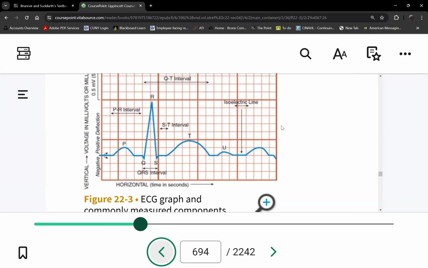Okay, no, more like 1 in 1,000. So 1,000 times, probably the U wave will appear in one patient. All right, and if you have 1,000 patients, only one of them will show a U wave.